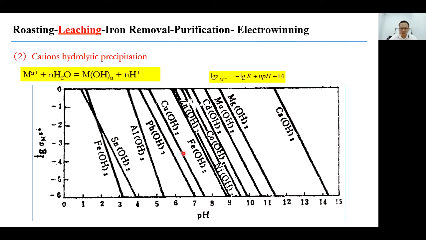In this picture, we should pay attention to the difference between these two. This is the ferrous iron oxide, and this is the ferric iron oxide. There is a huge difference in the pH value or the endpoint of the precipitation. At very strong acid conditions, ferric iron will precipitate, but ferrous iron will not precipitate in this range.